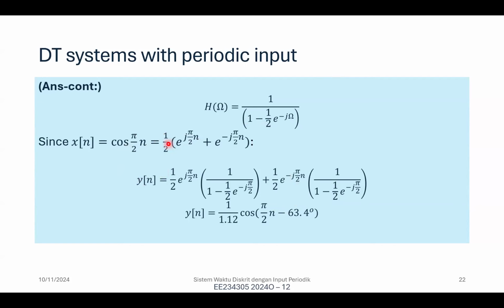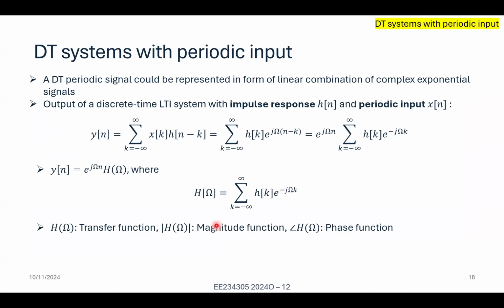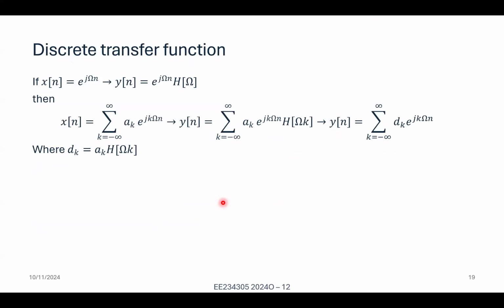Instead, we already change this into complex exponential, and from this we directly multiply H(ω) by x[n]. Y[n] is the sum of d_k e to the jkωn.